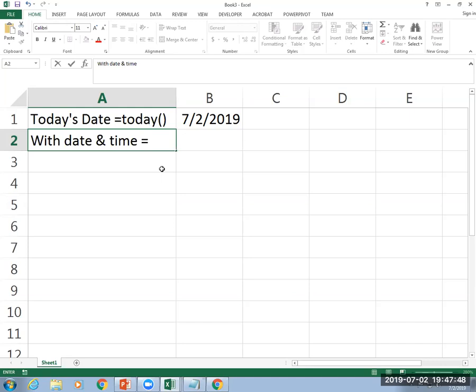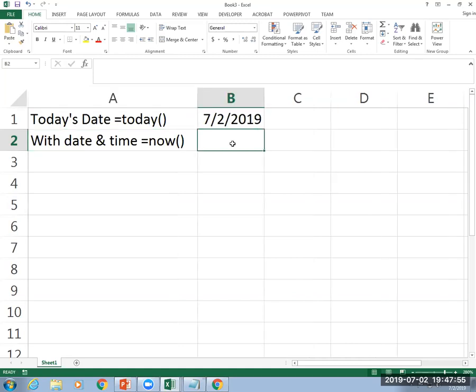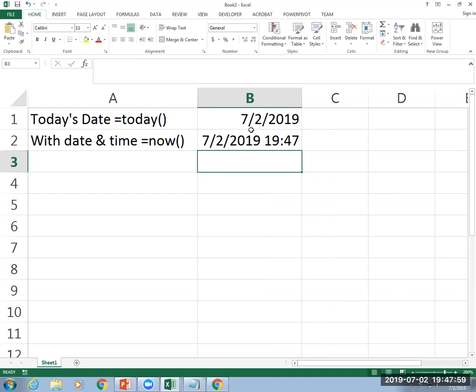There's another way to do dates, and that is with date and time. It is equals now. So if I do equals now, it looks like it is July 2, 2019 at 7:47 p.m. Here's what it really is.